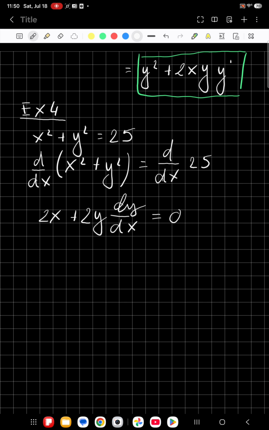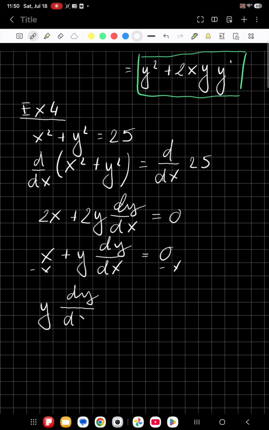Let's just divide everything by 2. Okay, so we have x plus y dy/dx equals 0. Now we'll solve it for dy/dx. I'll do it slowly. So I'm subtracting x from both sides. So minus x. So I get y times dy/dx equals negative x.